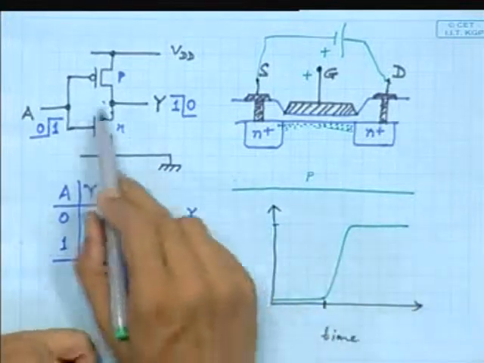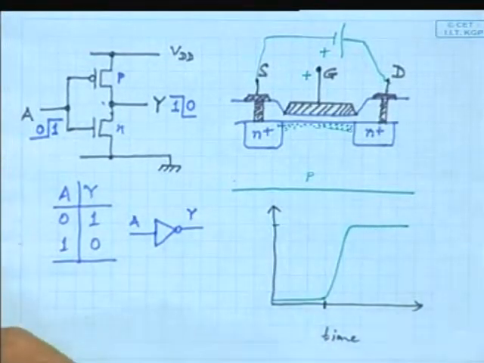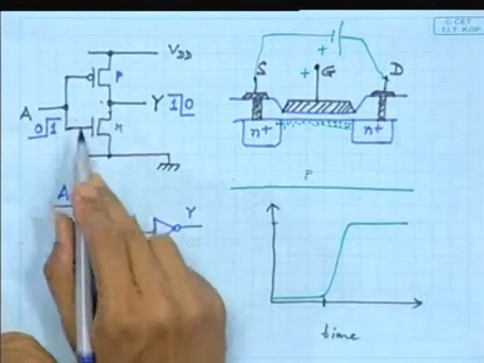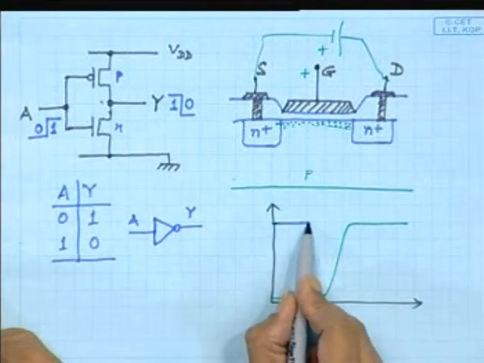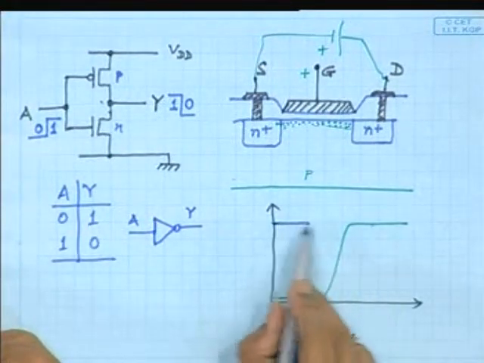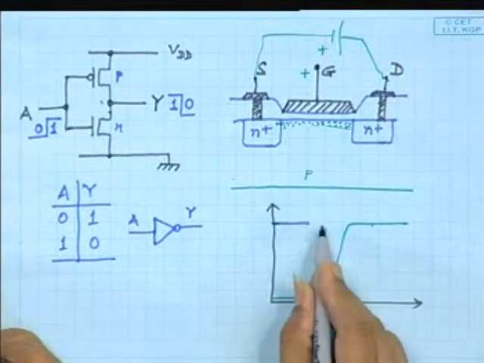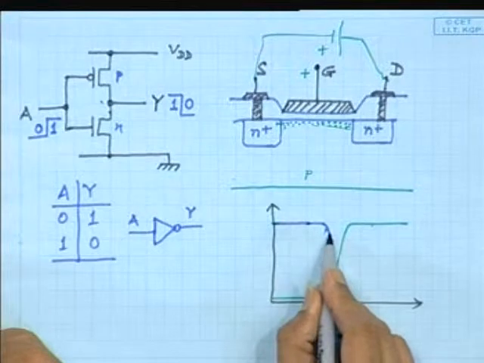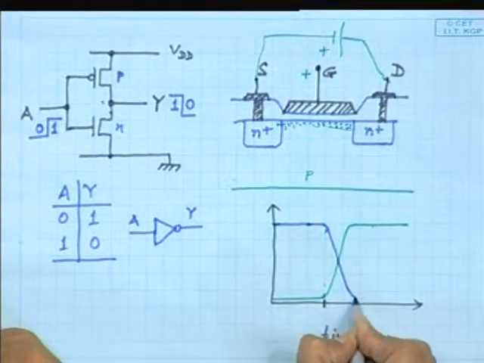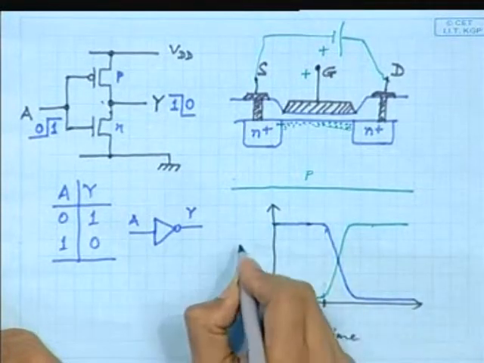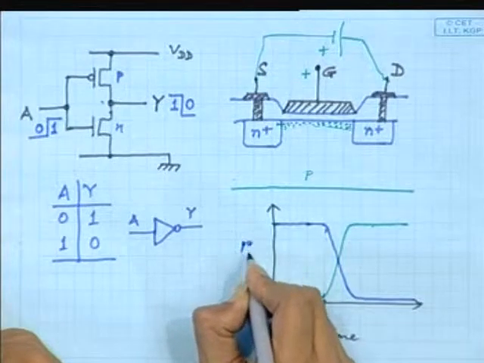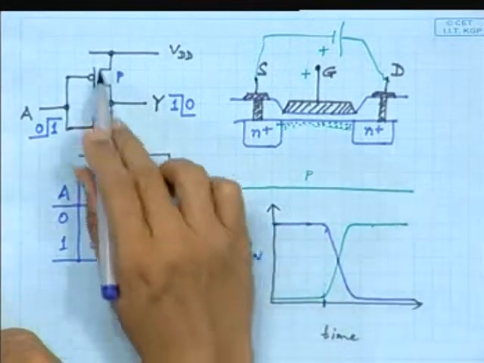Now what about the other transistor? Initially it was off, that means it has some very high resistance. This resistance and this resistance may not be identical, I am just drawing in some normalized scale. Now just after that moment it tries to become on, so finally it will reach a small resistance. Here I am plotting R on of both the transistors.